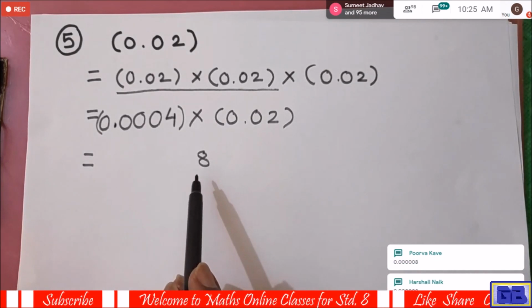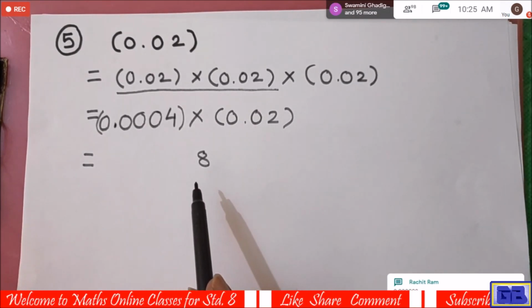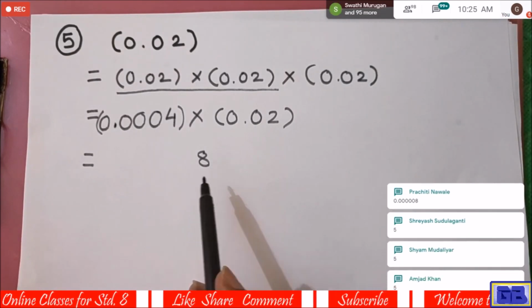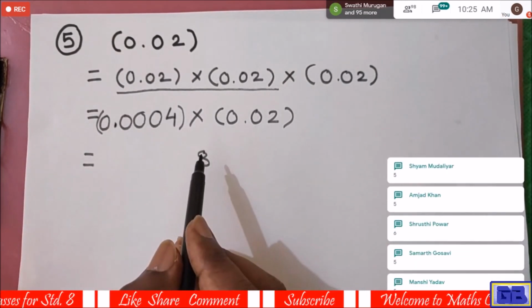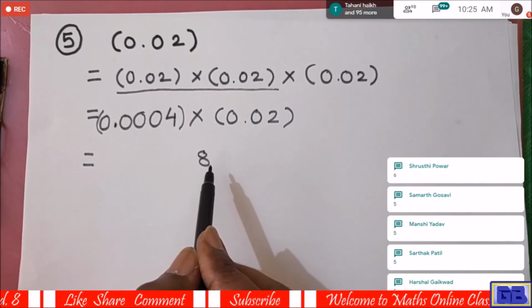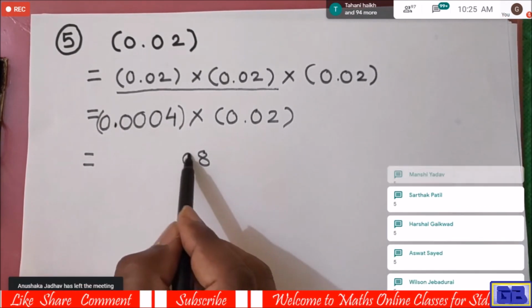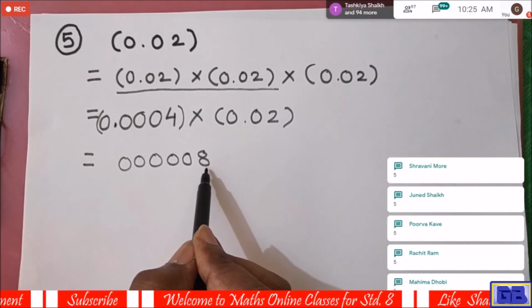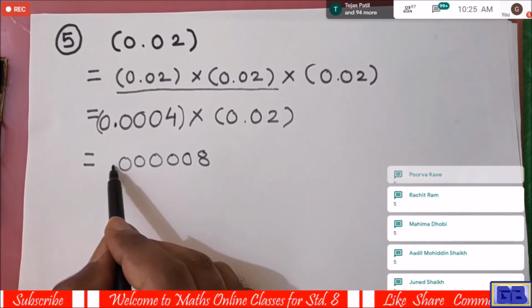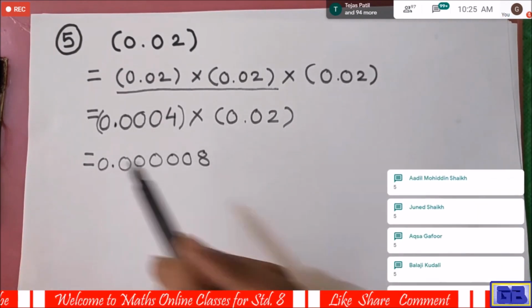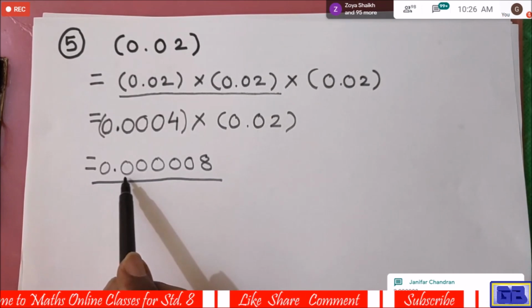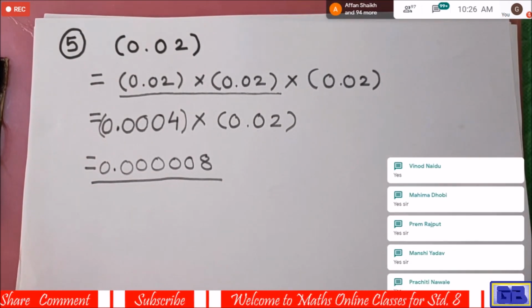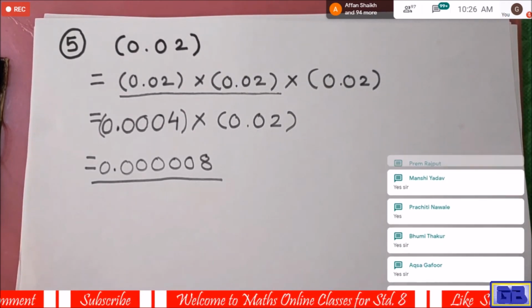How many zeros do we have to create to give the decimal point? Correct, 5 zeros. Not 6, 6 are the total digits. 1, 2, 3, 4, 5, 6, with 8 as the digit we have. So here the decimal point and here 0: 0.000008.